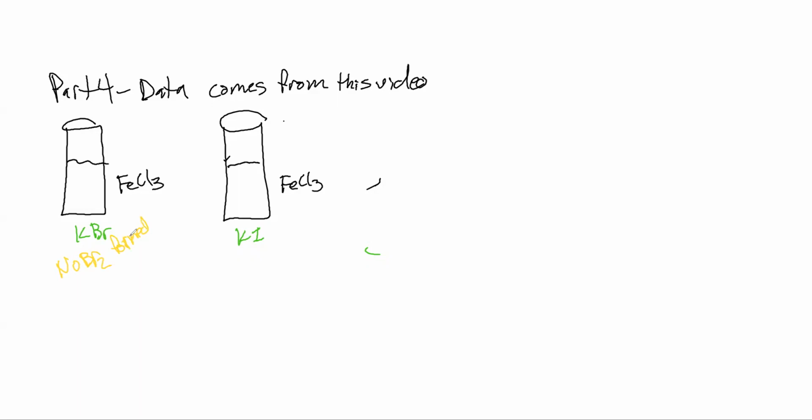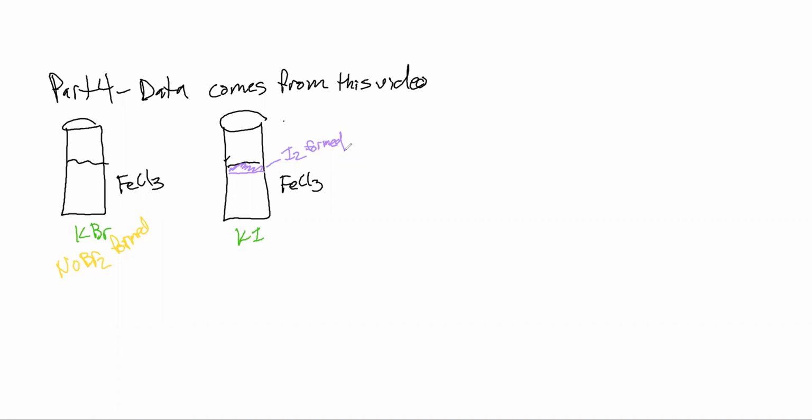Now this is going to be different than when we do it with our KI. When we mix it with our KI, when we add hexane, we're going to get a little bit of that violet color. So we're going to see I2 be formed. And that's what we're looking for when we're looking for the impact of the iron with our bromine.